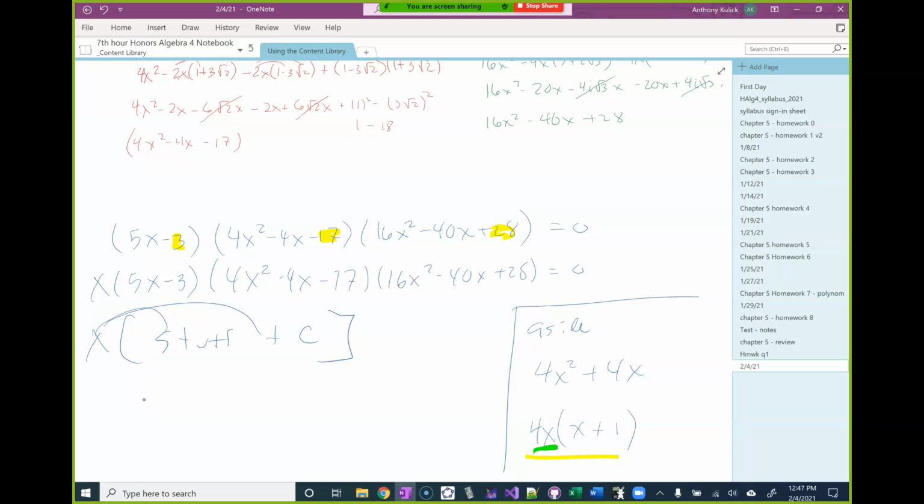Okay, if you buy that, then there's no reason to FOIL it out. Or at least I see no need in foiling it out, because it just looks like 20 minutes of tedious grinding that I don't need you to do. Just looks like a lot of not fun. And you guys have better things to do than to spend a bunch of time grinding through some really tedious polynomial multiplication problem.